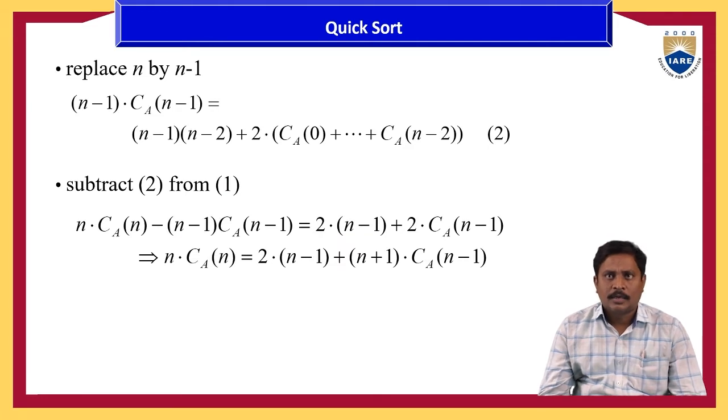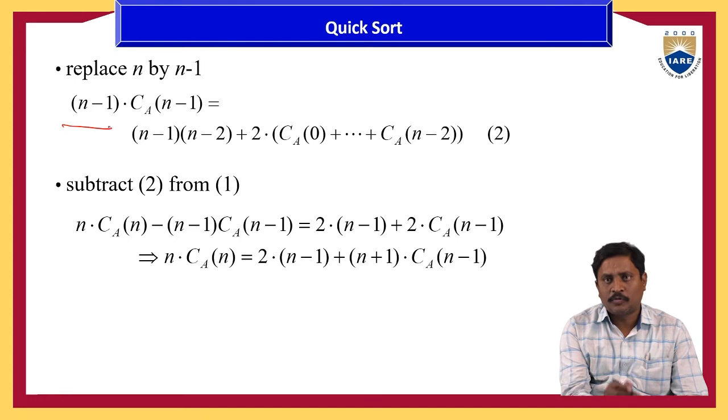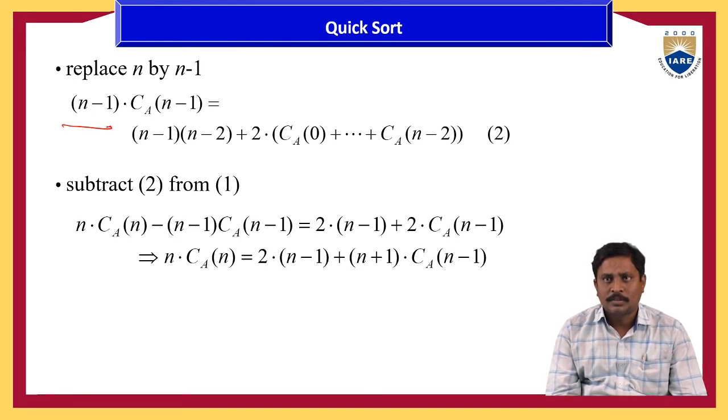Next, replace n by n minus 1. In place of n we write n minus 1, so we get this equation. Now subtracting the second equation from the first, we get n into C of n minus 1 equal to 2 into n minus 1 plus 2 into C of n minus 1.